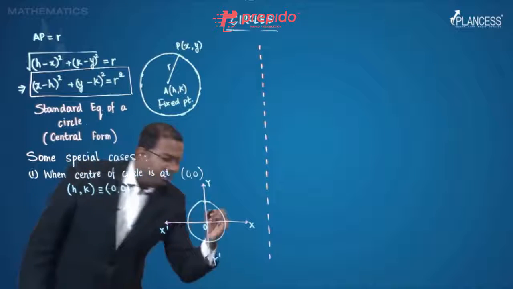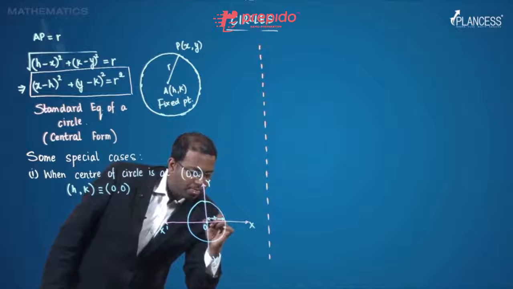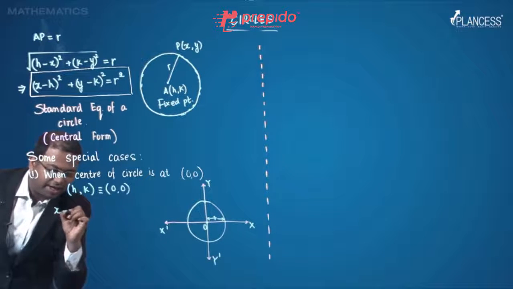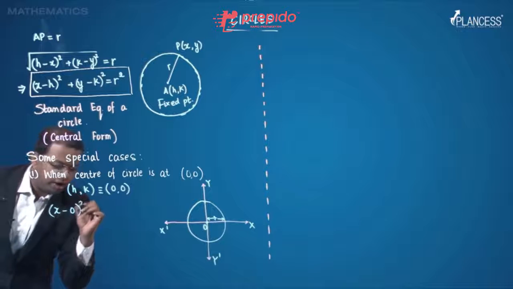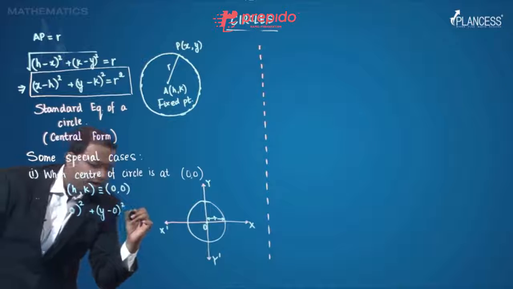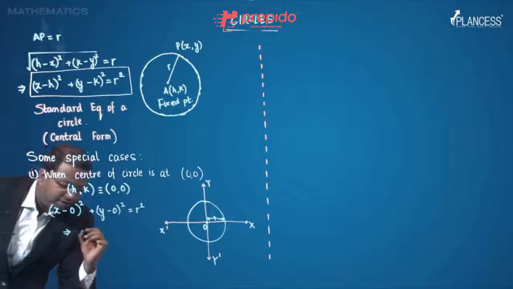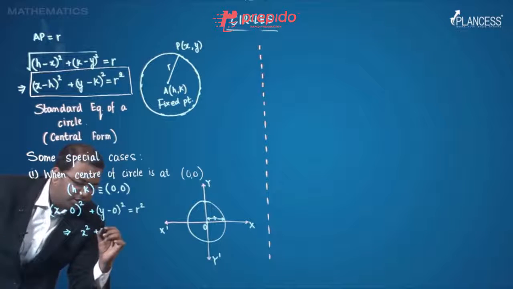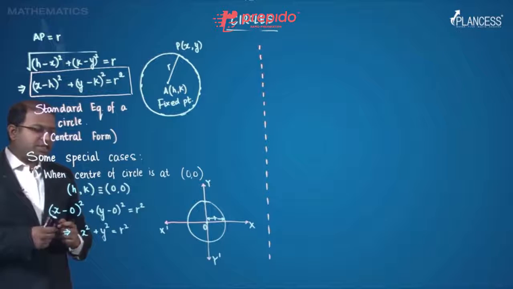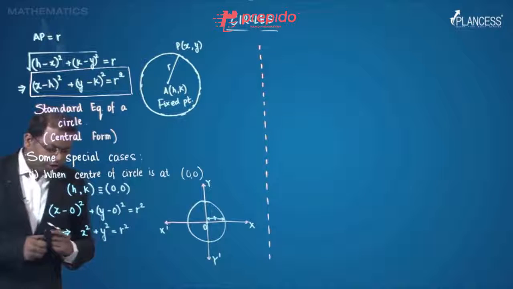And let us take the radius same, which is equal to r. So what equation becomes, we have x minus 0 whole square plus y minus 0 whole square is equal to r square, and hence we have x square plus y square equal to r square. So this is the case when the center of the circle is at the origin.